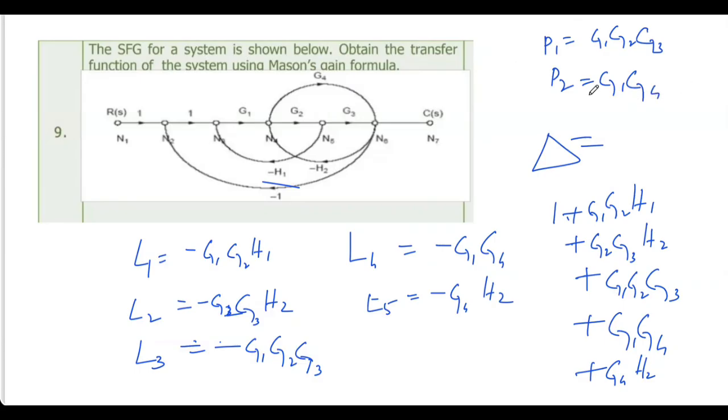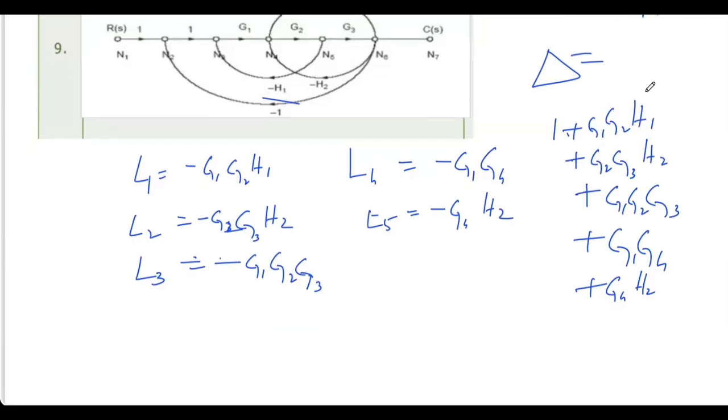There also every loop is touching. So delta 1 is 1. Delta 2 is 1. So the numerator is G1, G2, G3 plus G1, G4, divided by delta.